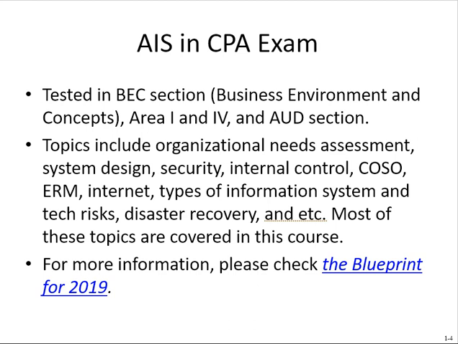The CPA exam covers a variety of topics, including organizational needs assessment, system design, security, internal controls, COSO, ERM, internet, types of information system, and technology risks, disaster recovery, and many more. Most of these topics are covered in this course.